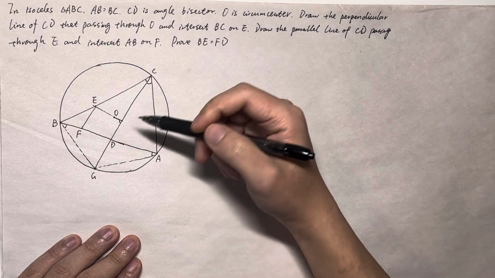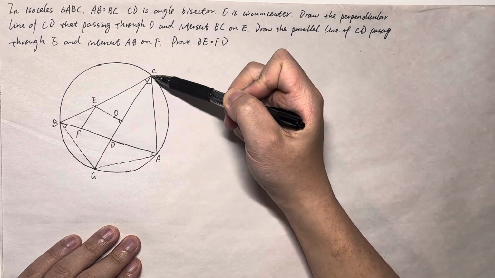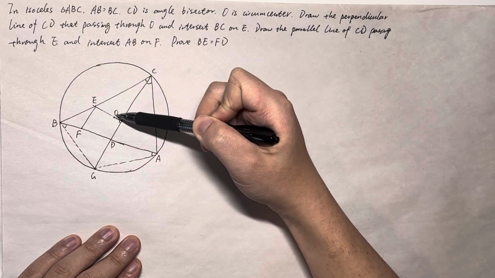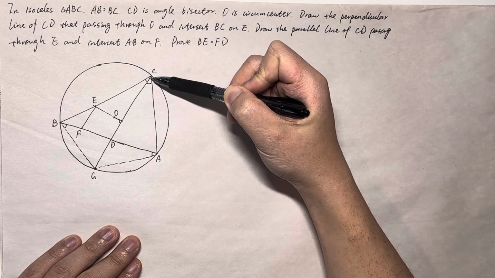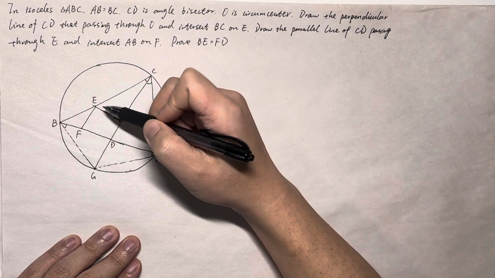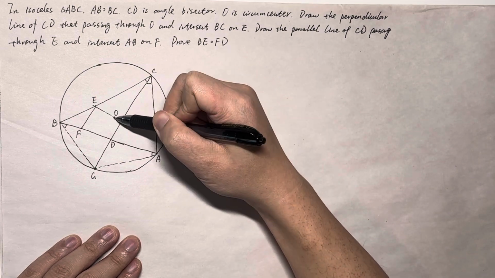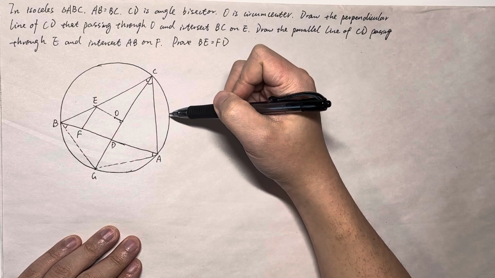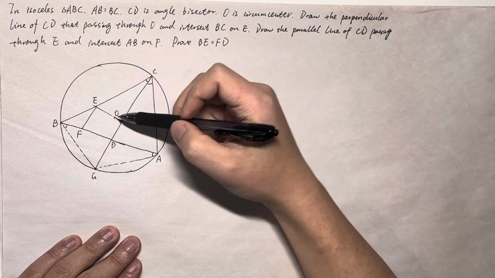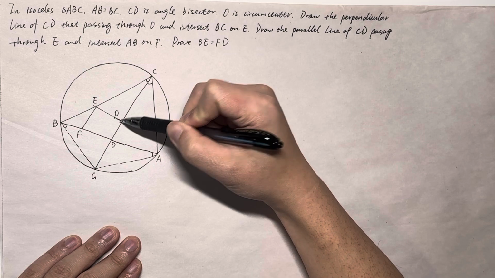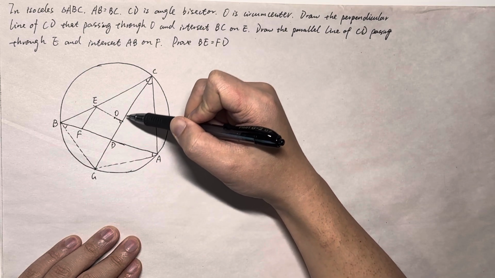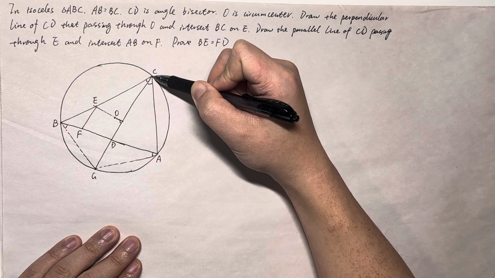Now we know that EO is perpendicular to CG. Because O is the circumcenter of triangle ABC, EO is the perpendicular bisector of segment CG.